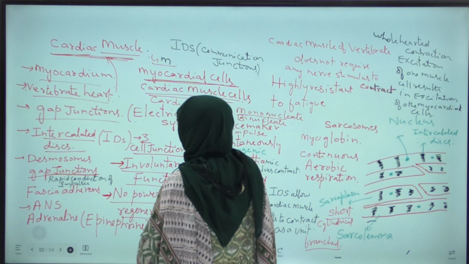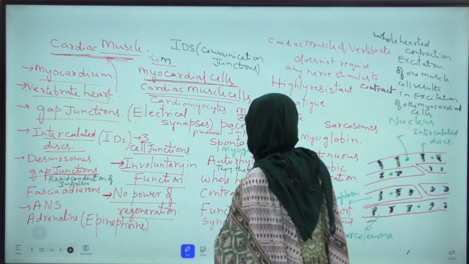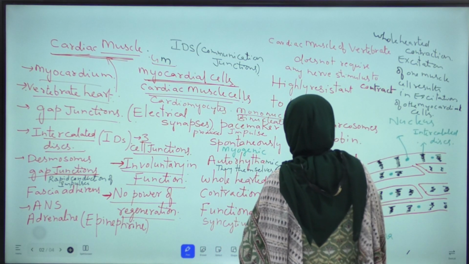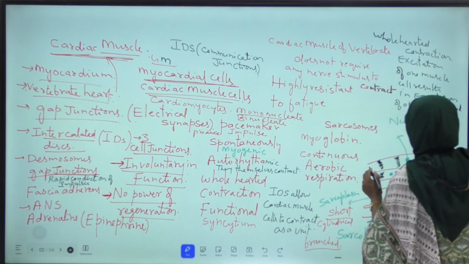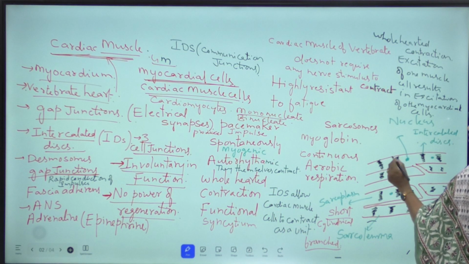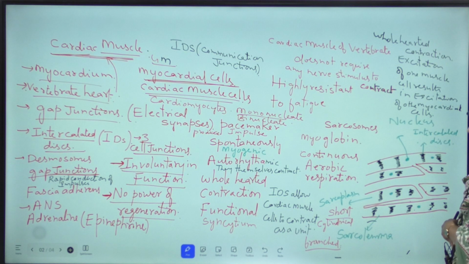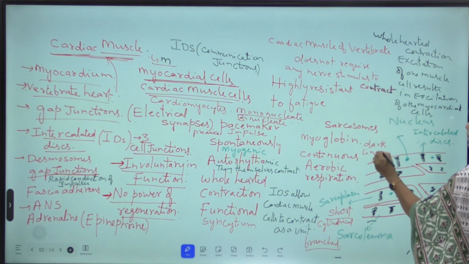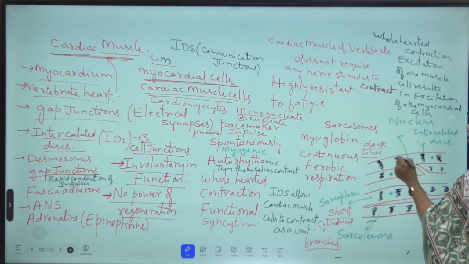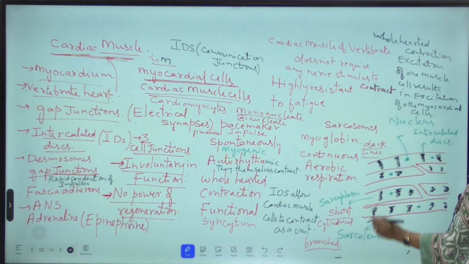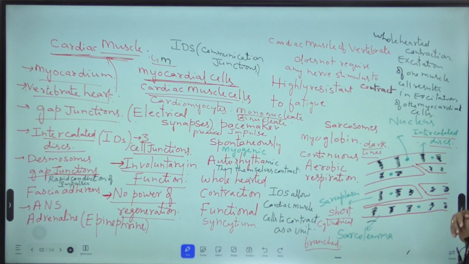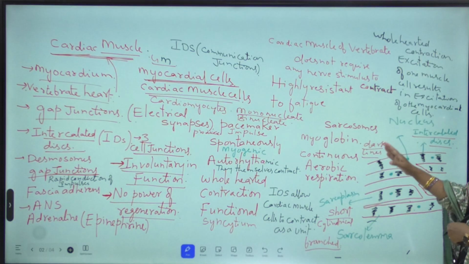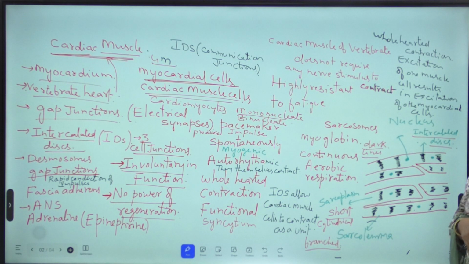Next, cardiac muscle cells contain dark lines present across the cardiac muscle cells, called intercalated discs.